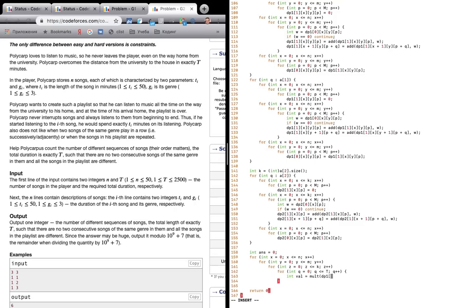So what are the values we need? From DP1 it's y, t minus q, and from DP2 it's z, q. And we also have to multiply this by C of x, y, z.